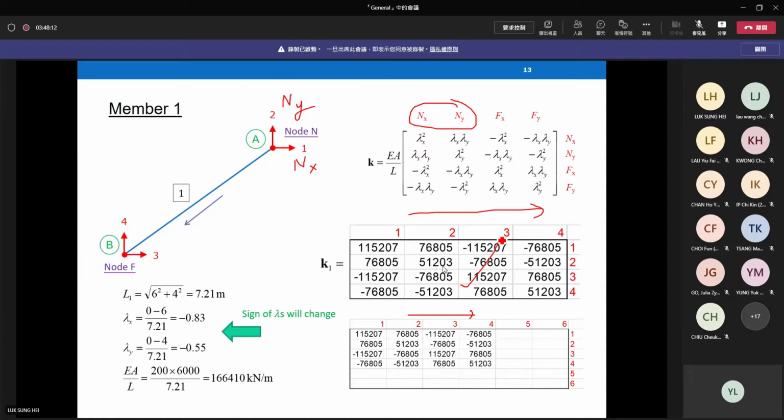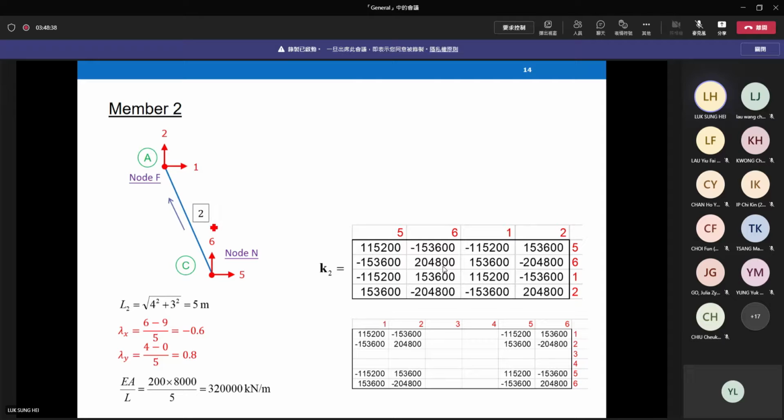Okay? Just keep your definitions consistent throughout your whole calculation. You will get the same matrix. The code number arrangement changes, but does not affect the final outcome because we have to rearrange the order when you do the matrix additions, the assembly.